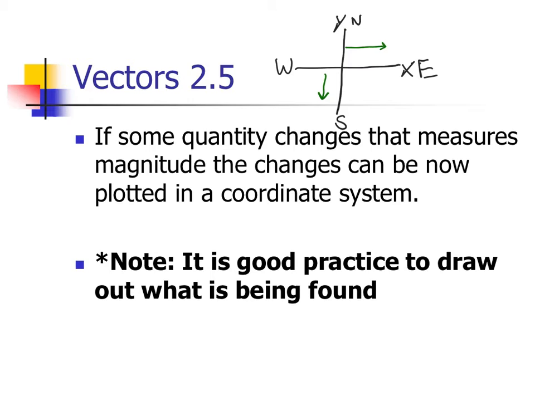So an object moves to the east. That would give us that arrow. Something moves south would give us that arrow. At some point, we're going to add the two together, but not yet. Okay? So therefore, it's again good to draw out so we can see where everything's going.